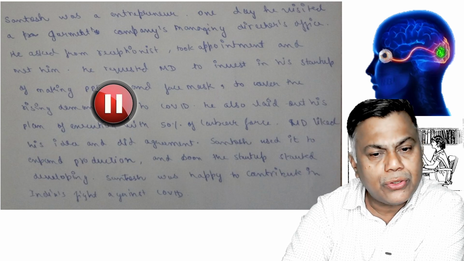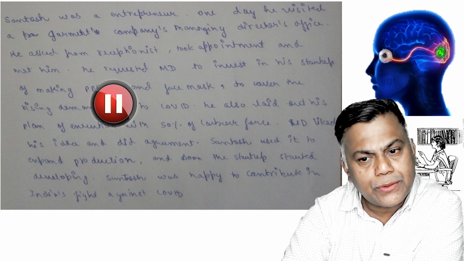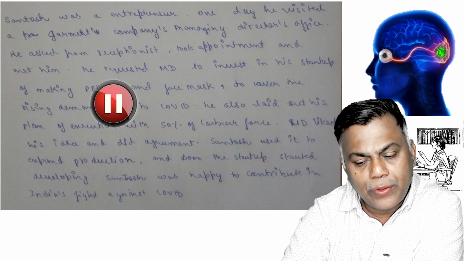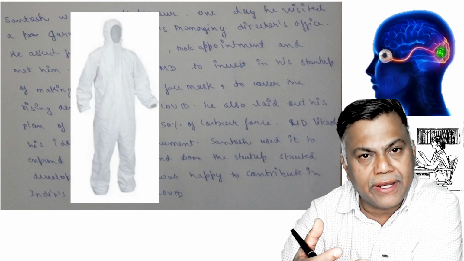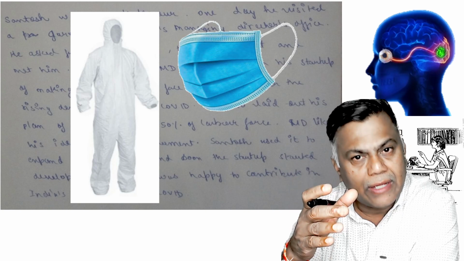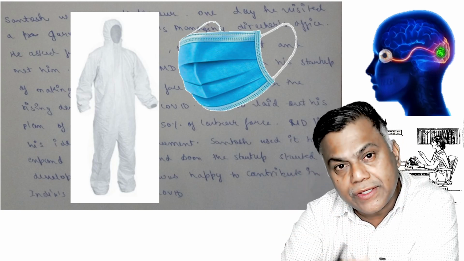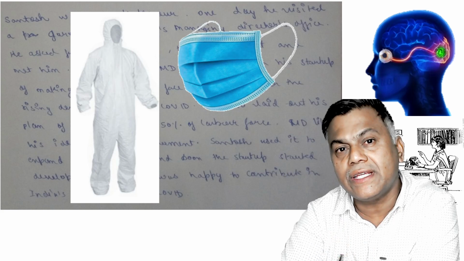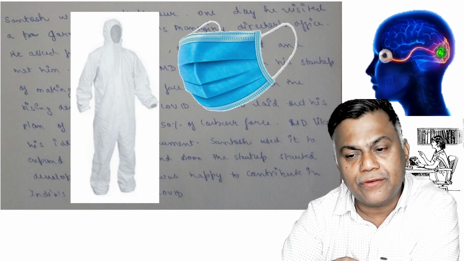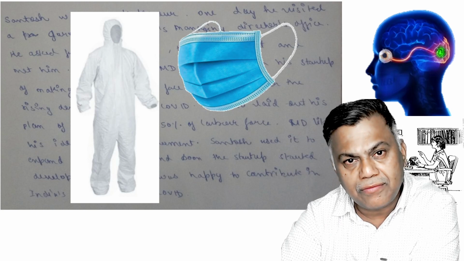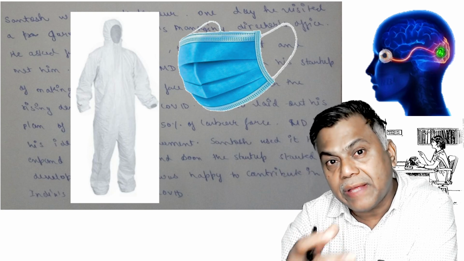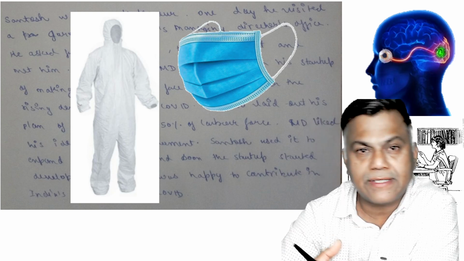Now Santosh was an entrepreneur and he comes to this office, a garment company's managing director's office, with the intention to make PPE kit. This is the PPE kit and face mask. And the reason for this is the increasing demand for these things due to the COVID situation. But the thing to be observed is that Santosh himself, the receptionist and probably the managing director inside are themselves not wearing the mask.